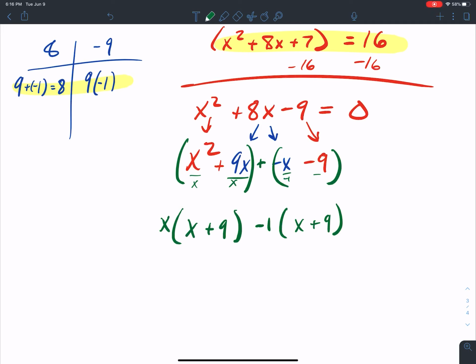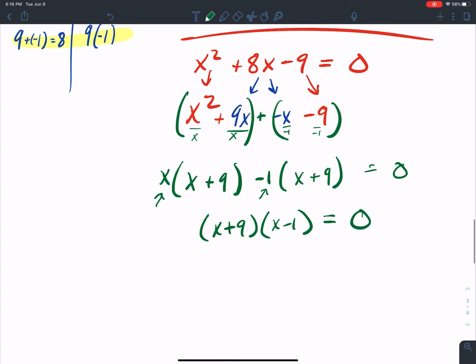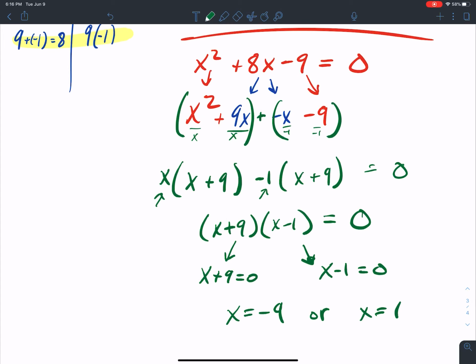If I divide through by -1, that's how I get it. That leaves me with x plus 9 times x minus 1, all equal to 0. Zero factor property: set each piece equal to 0. x minus 1 equals 0 here. Solving for x, I get x equals -9 or x equals 1.